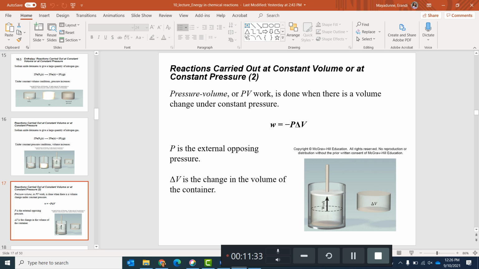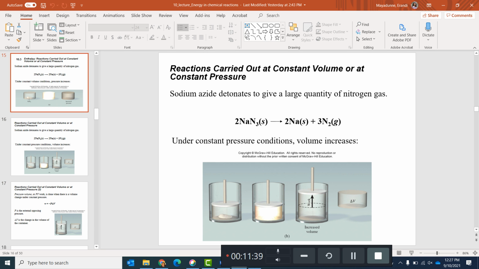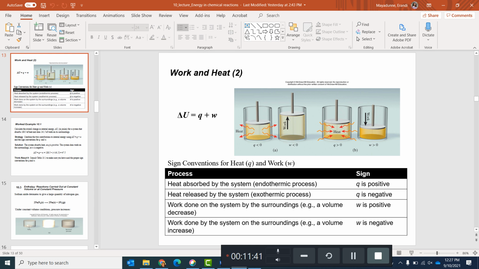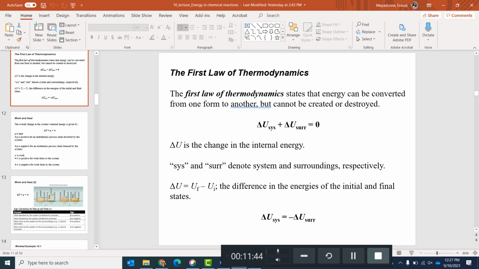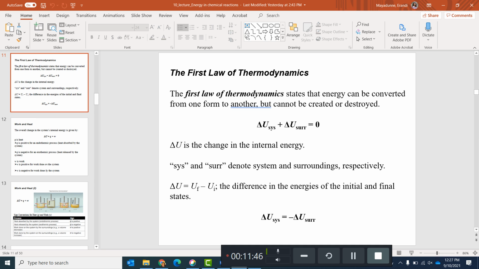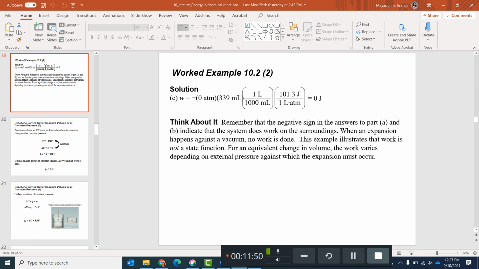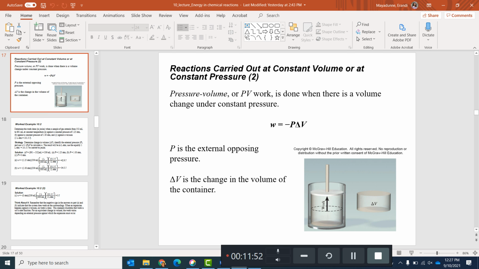So the gas expands, right? The gas expands. So always, delta is final minus initial, like that. Here also, final minus initial.